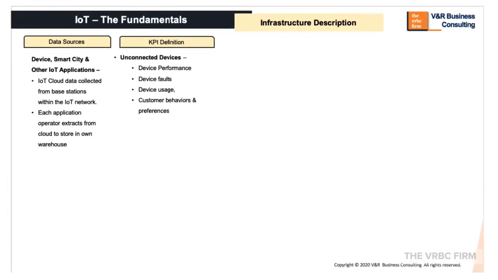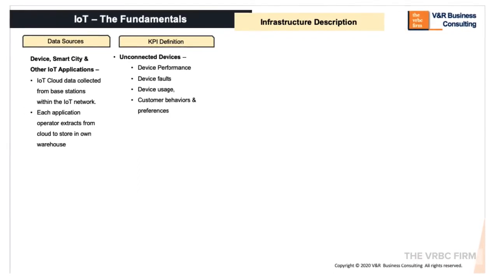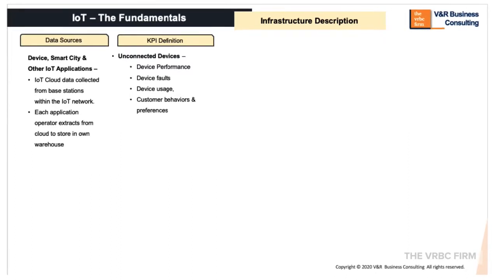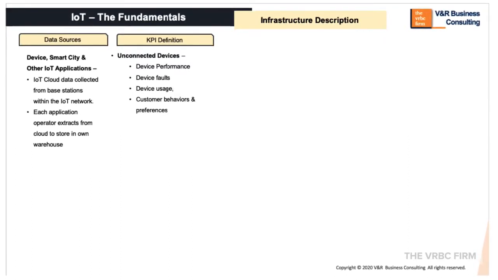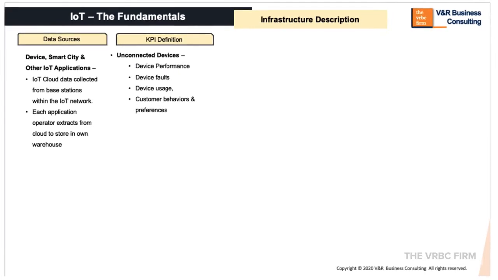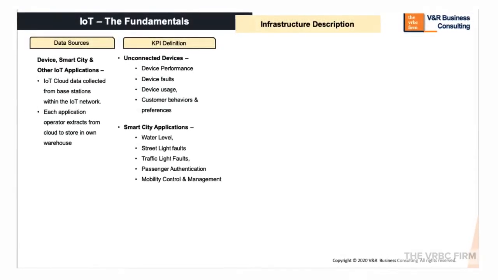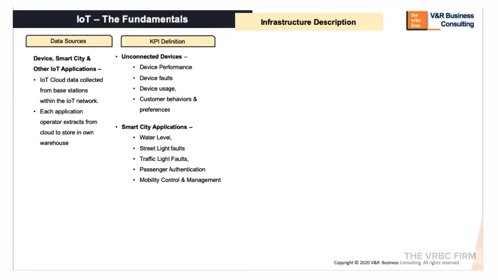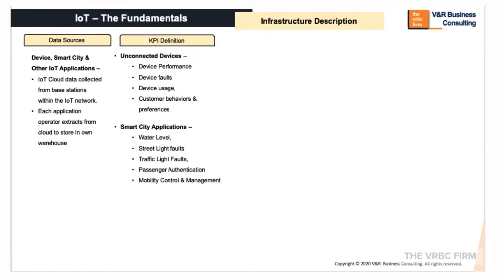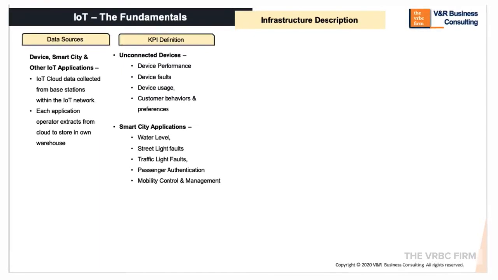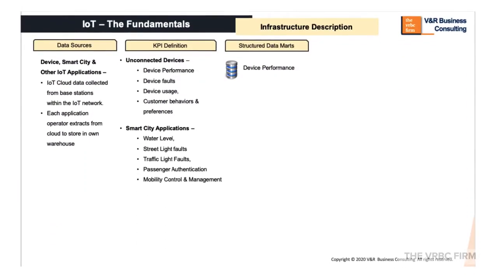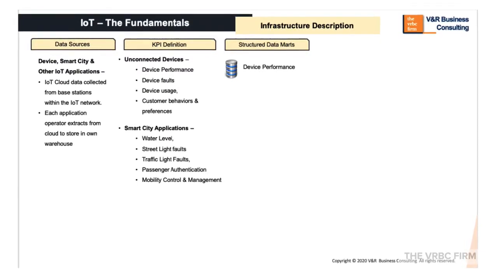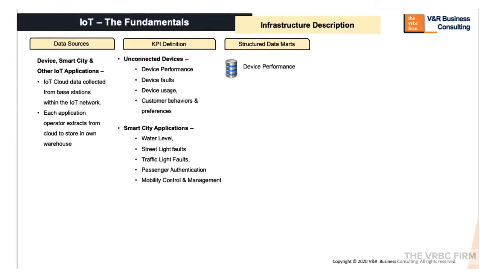That would be the whole point that they embarked on such an investment. Depending on how they structured their KPIs and functions, that will then determine how they structure their data storage.